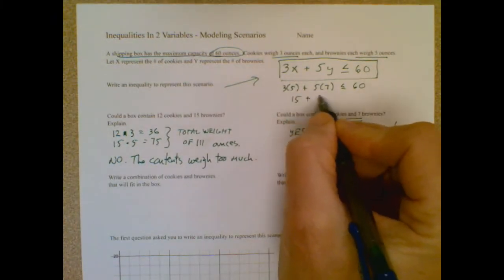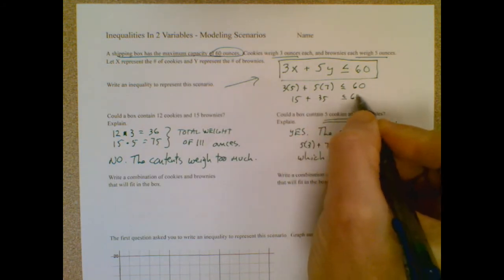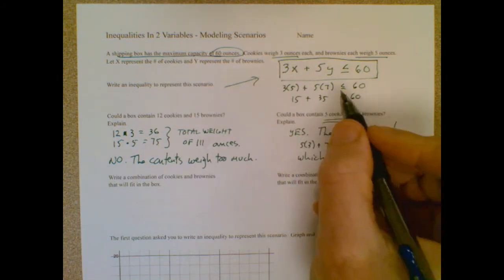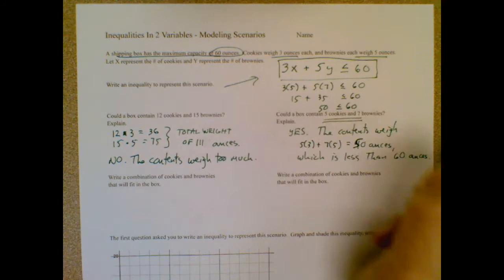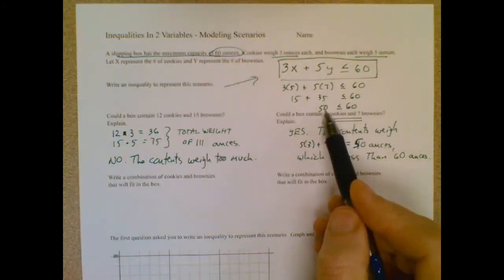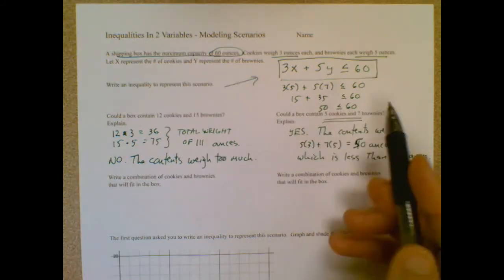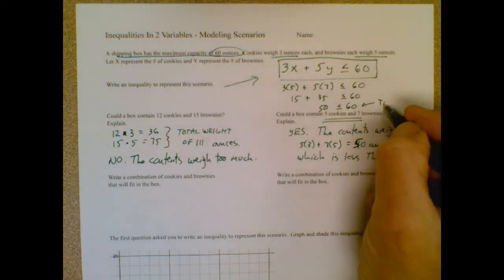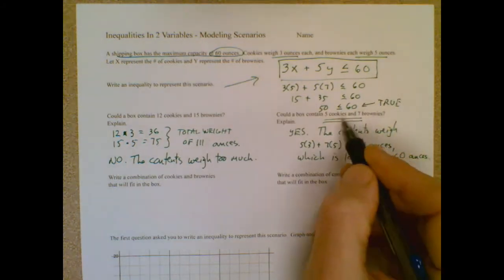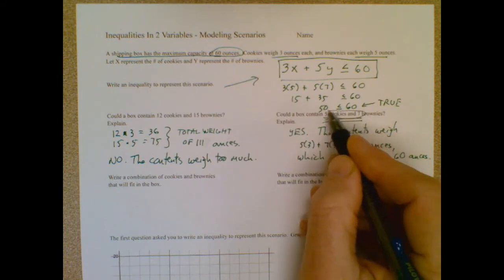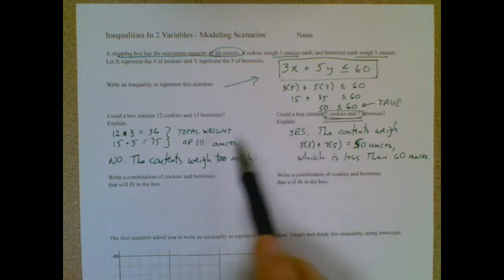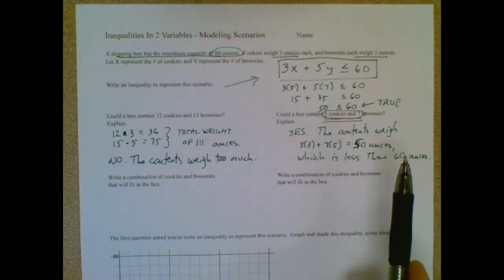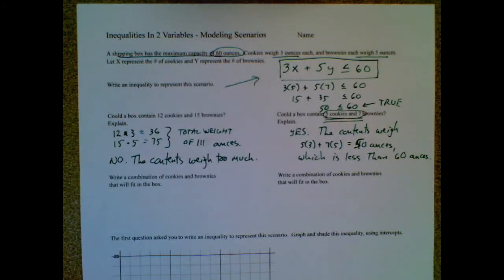Well, this is 15 plus 35, which ends up being 50. I should have put this as 50 before. Oops. 50 is less than or equal to 60, making this a true statement, which makes this a solution to that inequality. But you could have answered both of these by just doing the arithmetic and not even worrying about plugging into the equation.